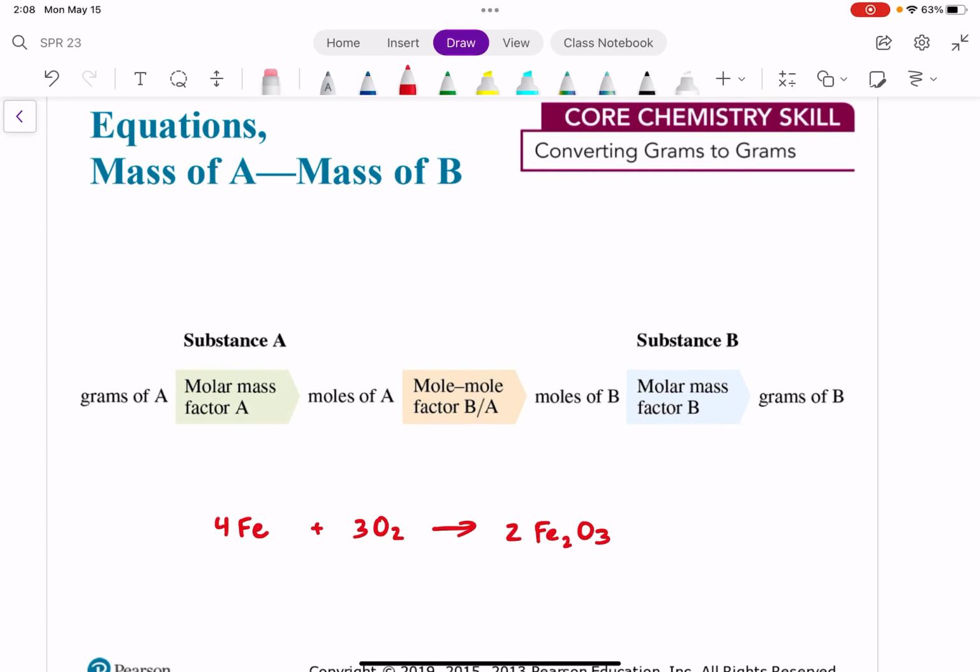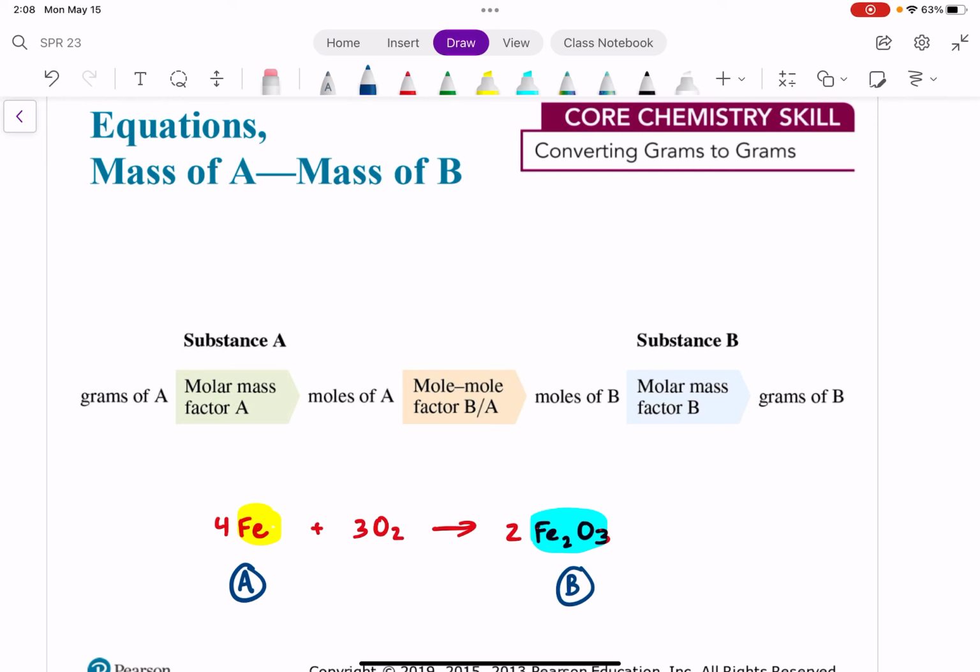Okay, so suppose you're in lab and you measured out some iron, and you wanted to find out, well, how much Fe2O3 can I get from the amount of iron that I measured out from my chemical reaction? So let's call this substance A, and let's call this substance B. You can do this with any substances or any combination of substances in this balanced equation.